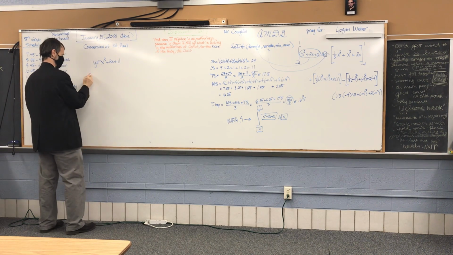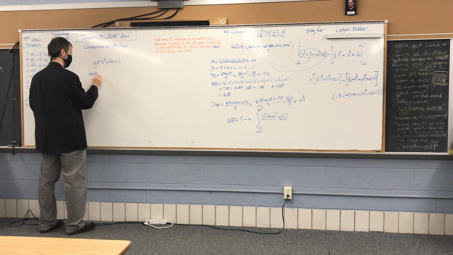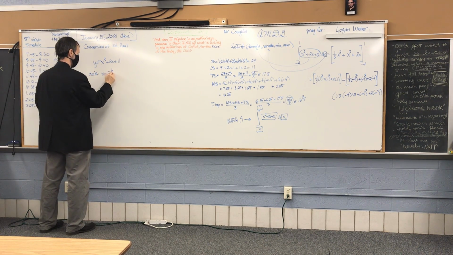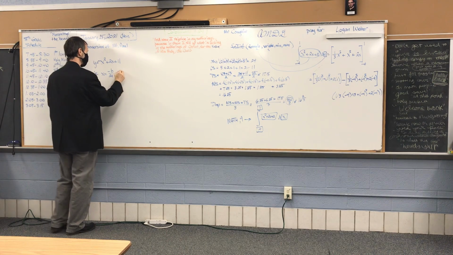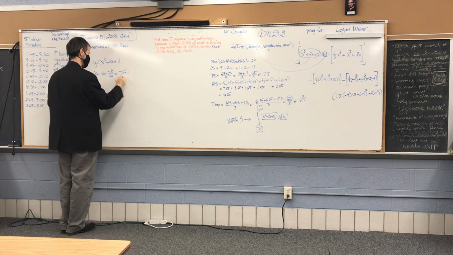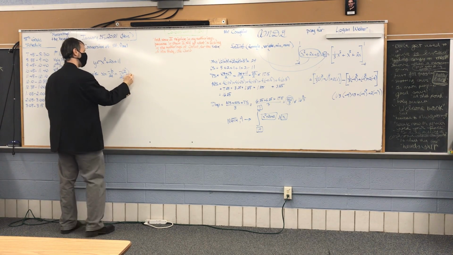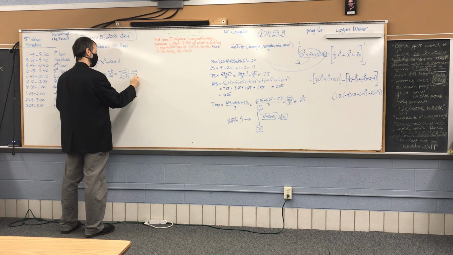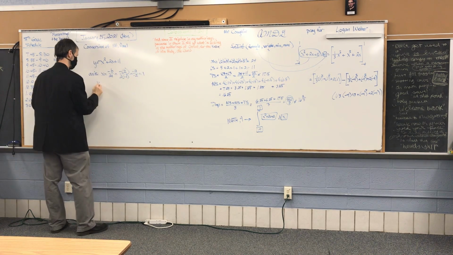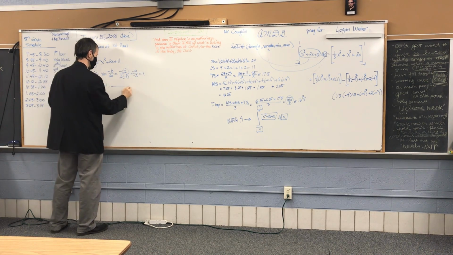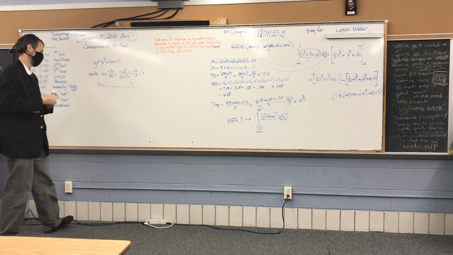So I'm going to do the axis of symmetry thing again. -b over 2a, which is -2 over 2 times -1, which is -2 over -2, better known as 1. So the vertex is 1 comma something. What's the something? I don't know. Let's plug it in.